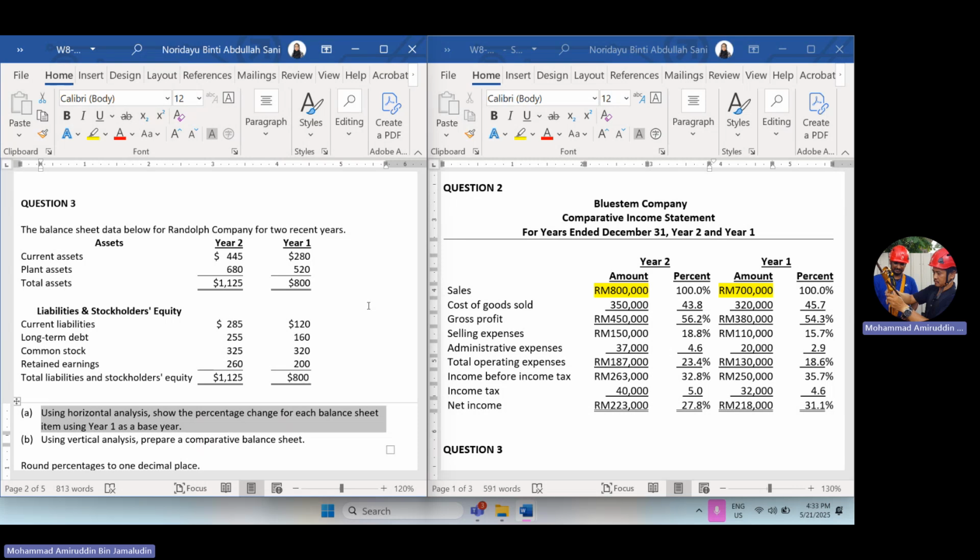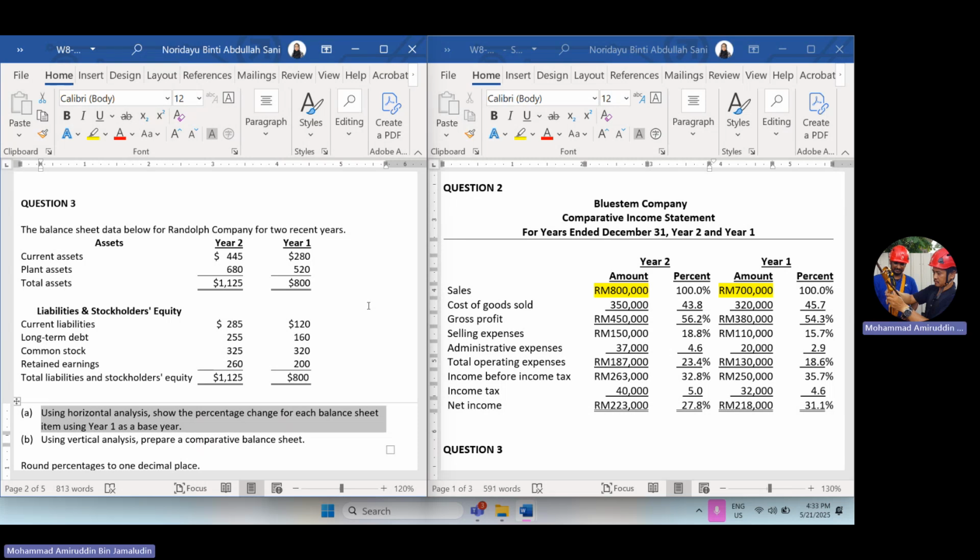Guys, this topic is a favorite topic for those who love math. Or even those who don't love math, they like this topic because it's easy to score compared to the financial reports. Your assignment is computational ratio, right?